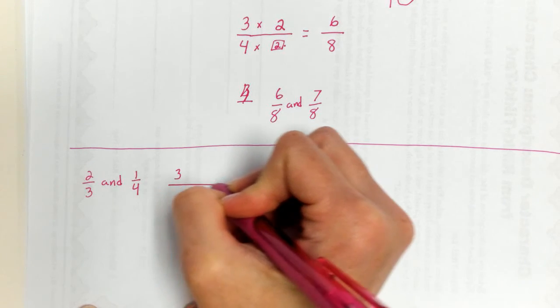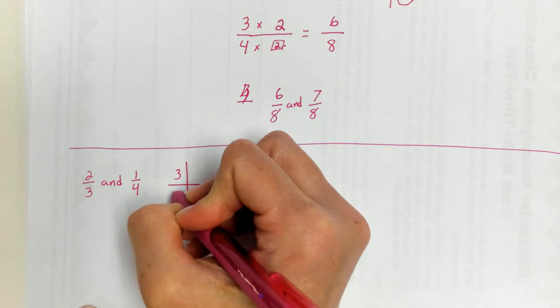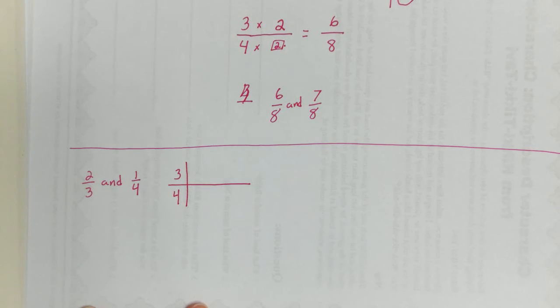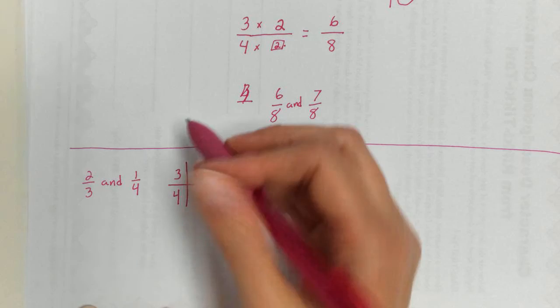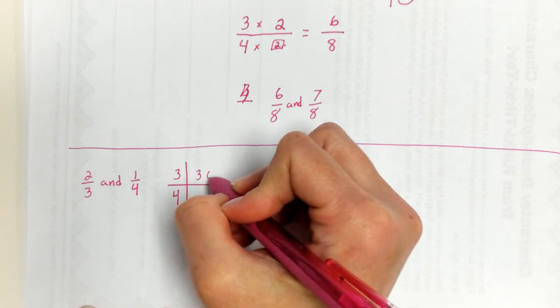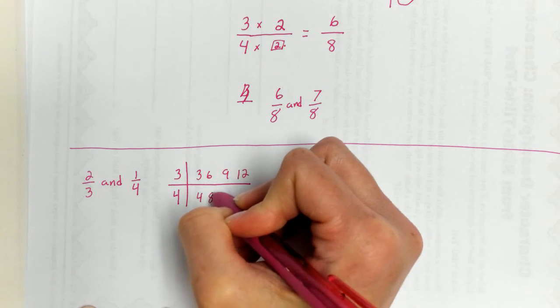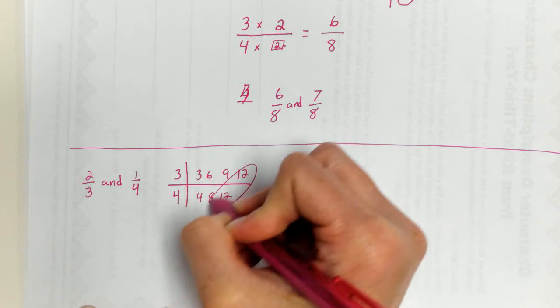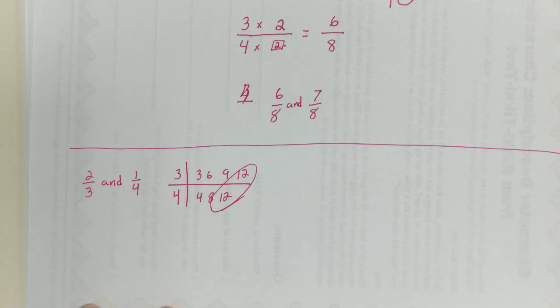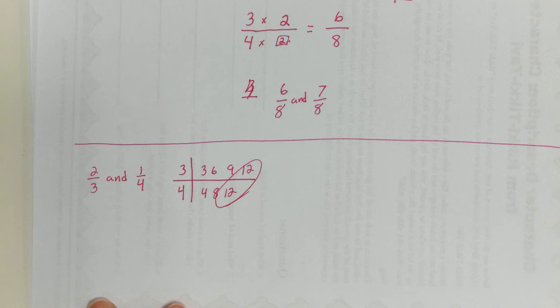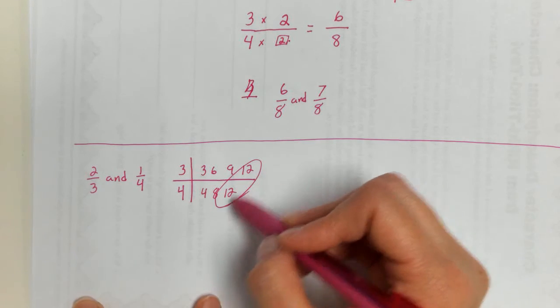So I'm going to make myself a multiple chart, unless you can tell me a common multiple right off the bat. Anybody? 12? Yes. So if I do 3, 6, 9, 12, and then 4, 8, 12, the lowest common multiple is 12. Some of them you will just learn, right? Now I have found the lowest common multiple.